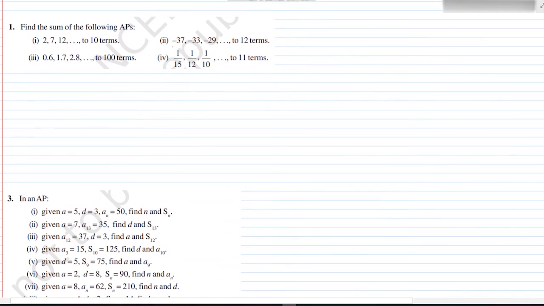Okay. Also, an exercise question. Find the sum of the following APs. Like write down the AP first. 2, 7, 12, etc. to 10 terms. So here a is 2, d is 5, and n is 10. S of n is equal to n by 2 into 2a plus n minus 1 d.